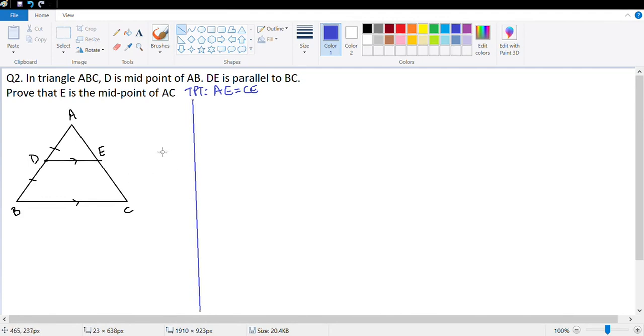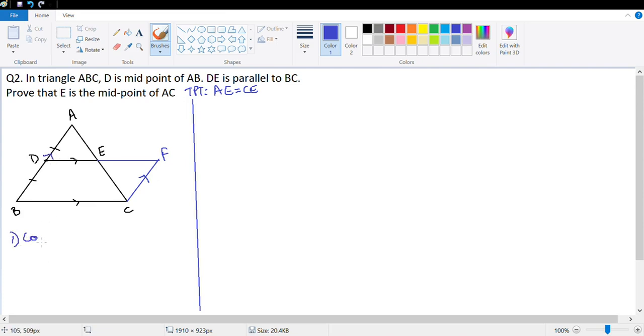So again, let's construct a CF parallel to AB, and let's join DE with CF. So let's write this down. We've constructed CF parallel to AB.